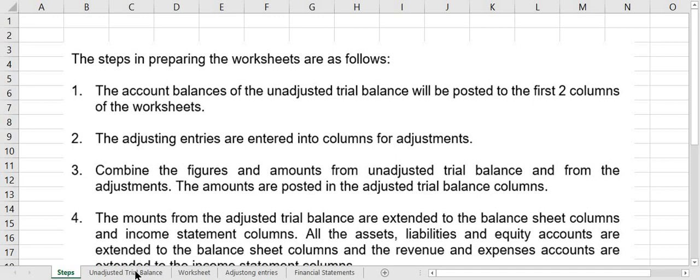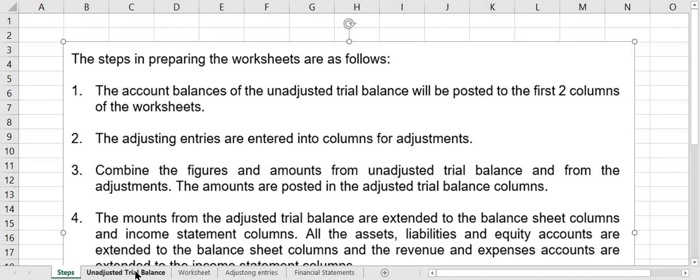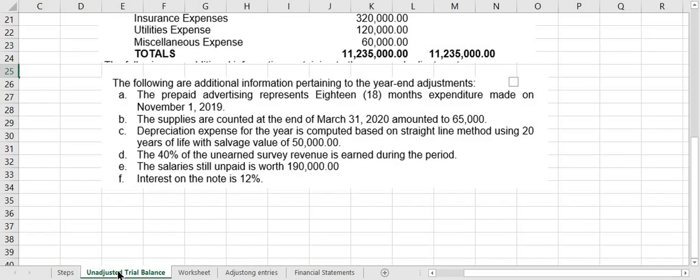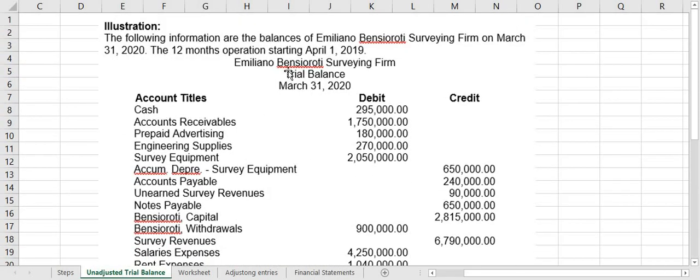So in this discussion, we have here the unadjusted trial balance of Emiliano Benciorote surveying firm. This is his unadjusted trial balance for March 31, 2020. Okay?